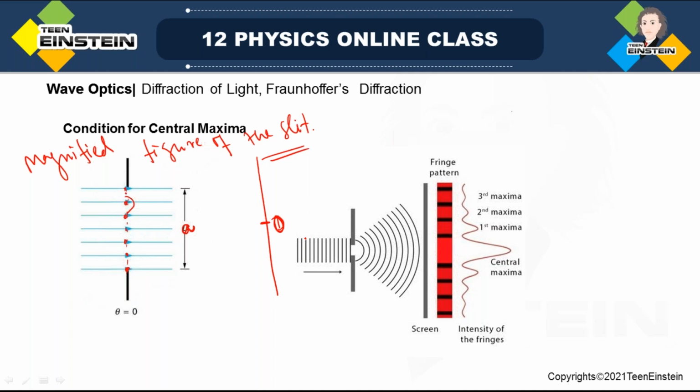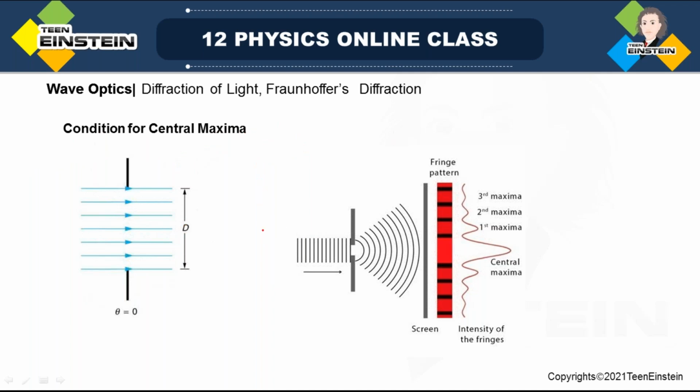So we have to see the path difference of the lights interfering. Suppose this is the central point O on the screen. Look here, this is O. It is exactly on the perpendicular bisector of the slit itself.